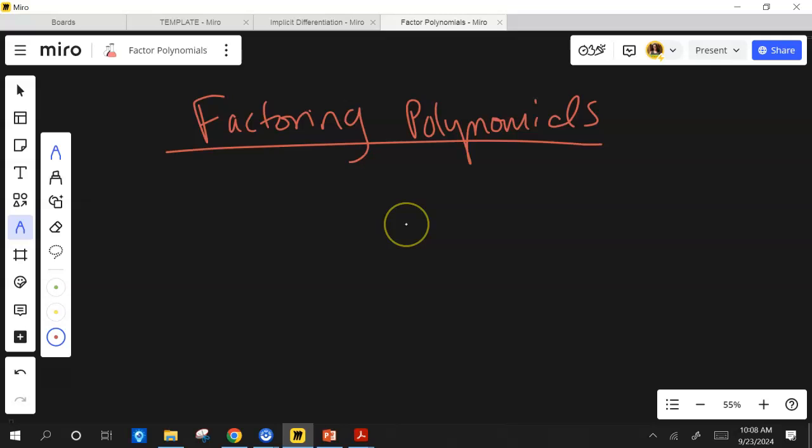In other words, I might do this and get here, and I might be able to factor that one again. I can't here. But if I had worked my way down and gotten something like x squared minus 4 times x squared plus 7, well then this parenthesis I could break down again because I know that that's what?